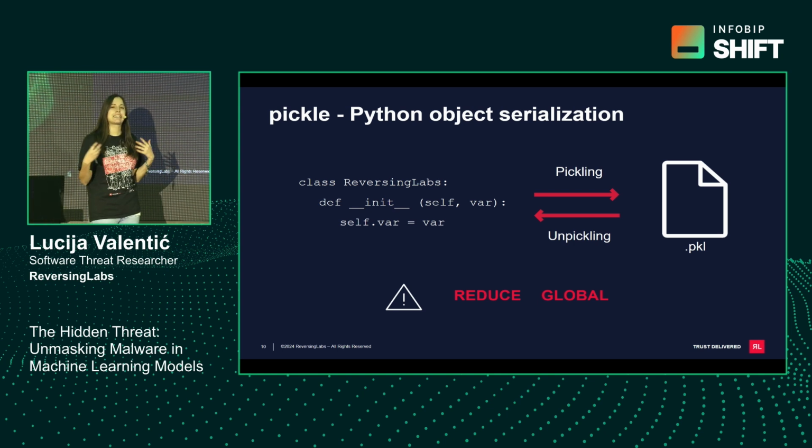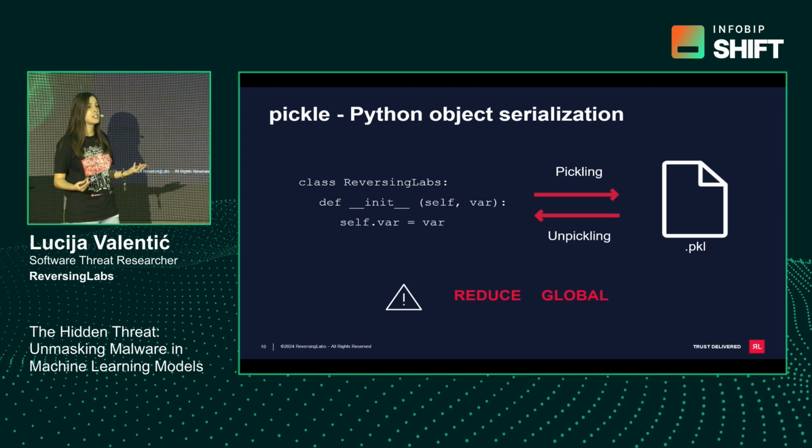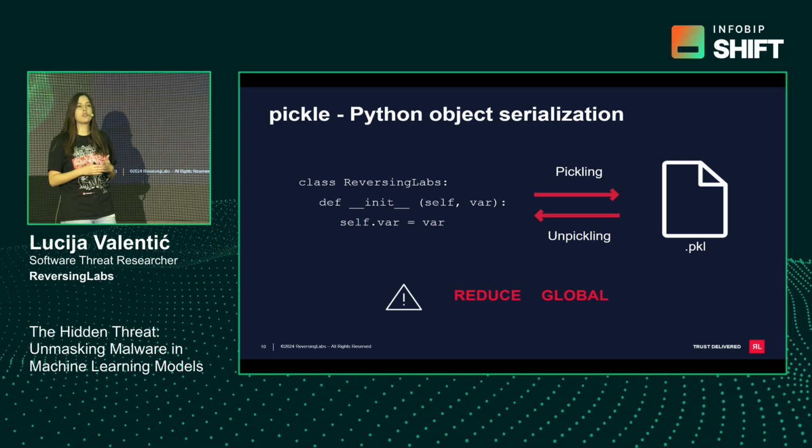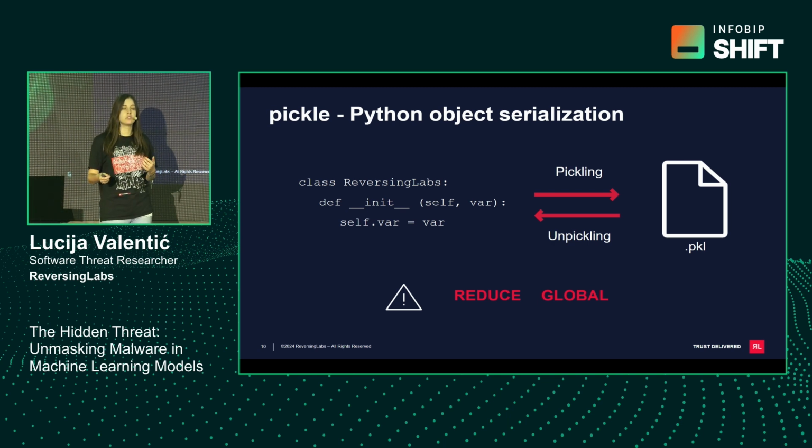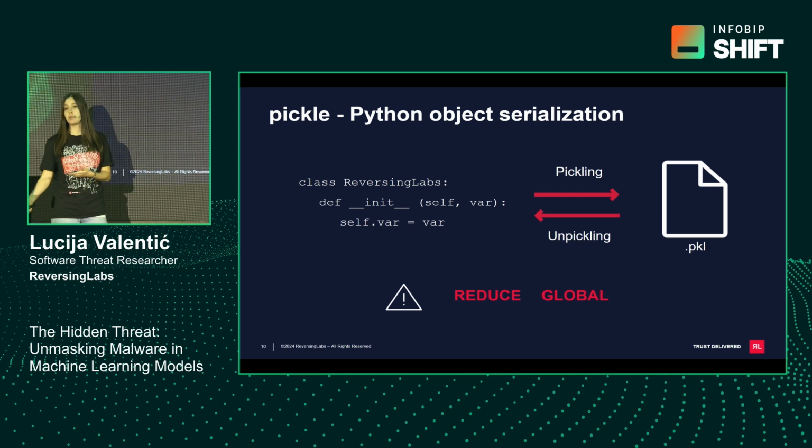But if you want to understand why exactly pickle isn't safe, and how it can be abused to execute arbitrary, malicious code, we want to look at its source code. When we look at its source code, we can see what happens in the process of pickling and unpickling.